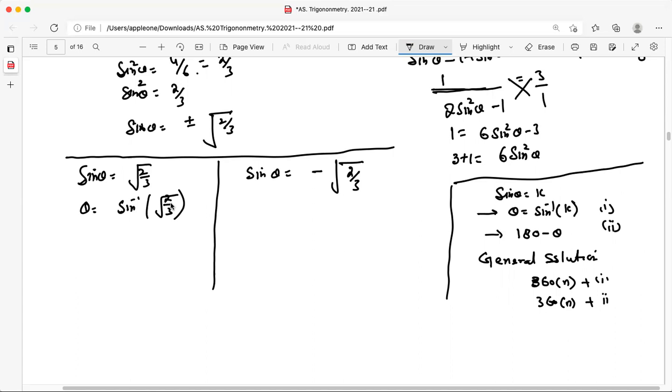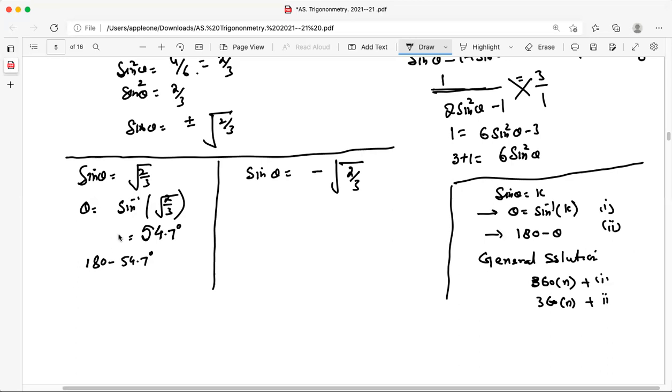Sine inverse of, sorry, 2 radical sine, then fraction 2 over 3. So the result is 54.7 degrees. That's the first answer. The second answer will be 180 minus 54.7 degrees. So the answer will be 125.